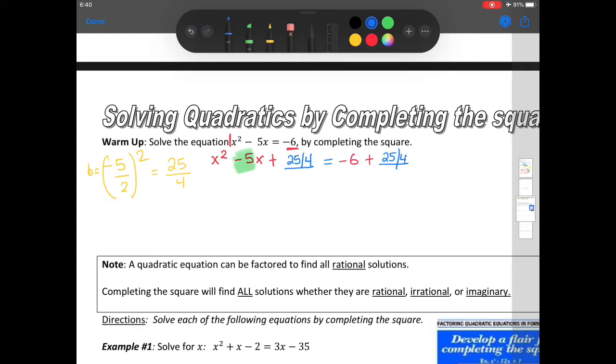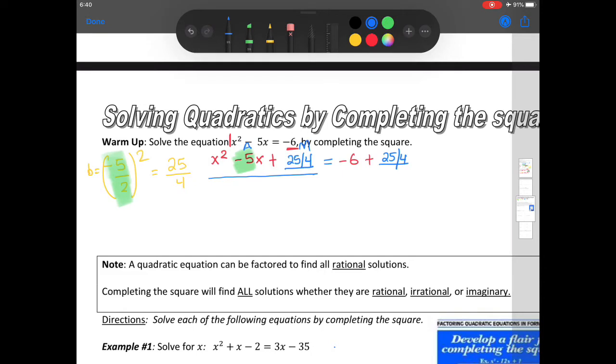Now, you want to factor this. The left side is going to be a perfect square trinomial. So you need two numbers that add to negative 5 and multiply to 25 over 4. It's a little tricky, but you'll be like, oh my God, they're fractions. How am I supposed to do that? But let me teach you the trick. Do you see this negative 5 over 2 here?